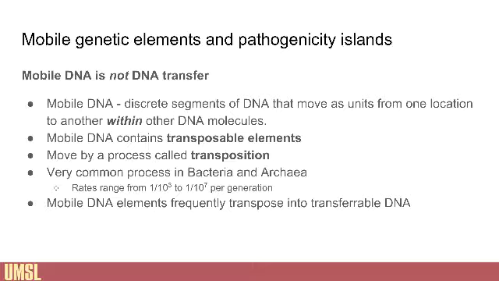These processes are very common, and most of these mobile DNA elements move by a process known as transposition. I talked a little bit about this in using transposons for mutagenizing things and understanding what pathogens do, but these transposons naturally exist in bacterial genomes. One of the things that's important about these mobile DNA elements is that they frequently transpose themselves into transferable DNA.